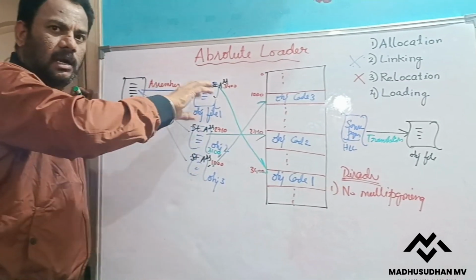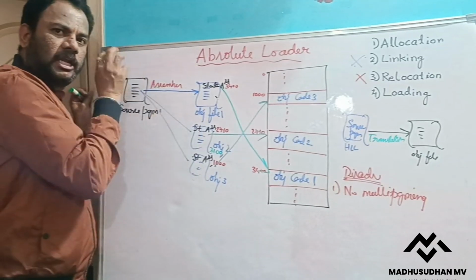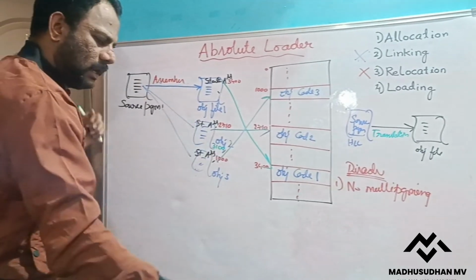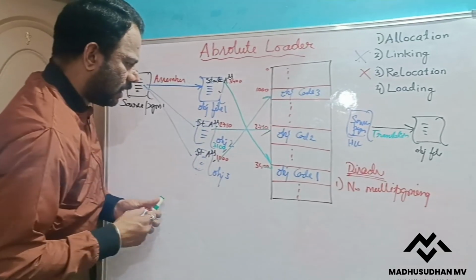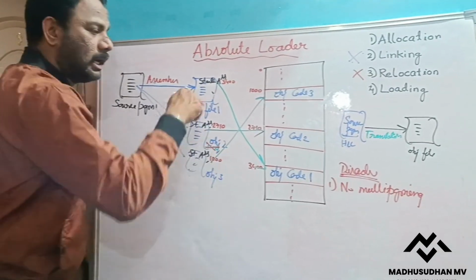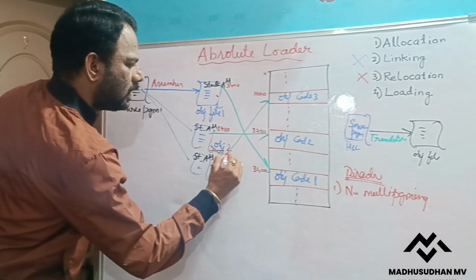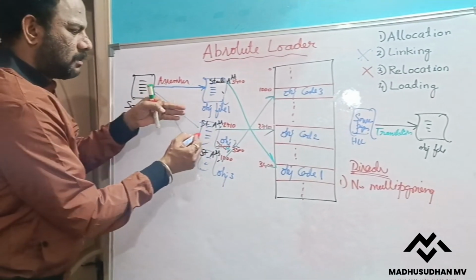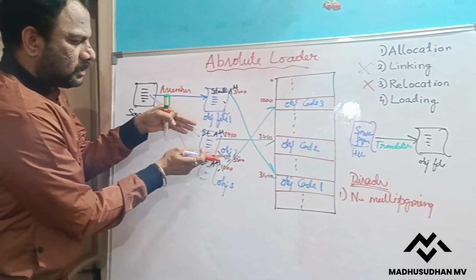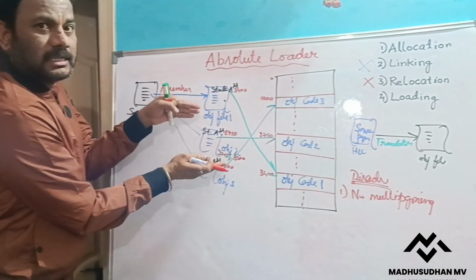Now after adding new functionality into the source program, say 400 bytes increase, it will run up to 3500. That means this program size increases from 3100 to 3500, 400 extra.